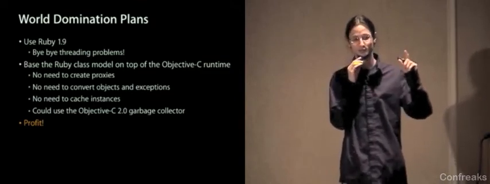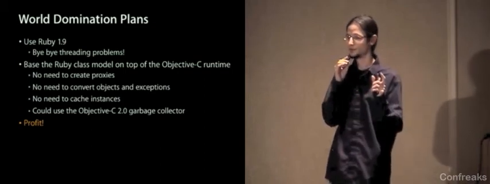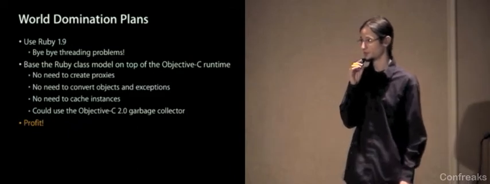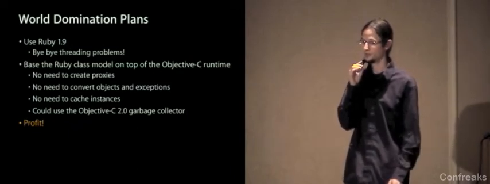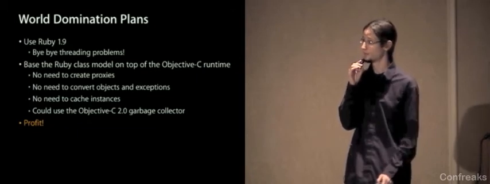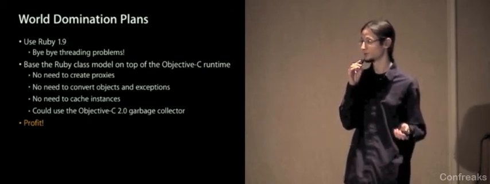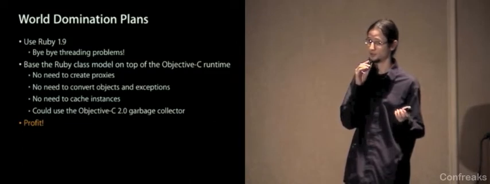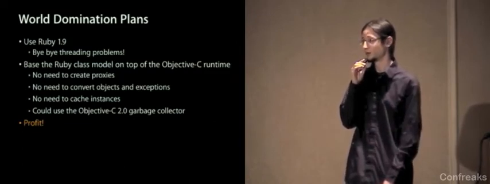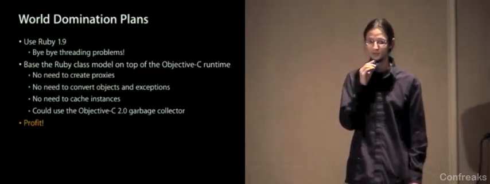We would like to rewrite the Ruby object model using Objective-C. If we do that, we wouldn't have to create proxies anymore. We wouldn't have to convert objects. We wouldn't have to cache instances. And it would work with the Objective-C 2.0 garbage collector. And this is what we are looking at now for the future.